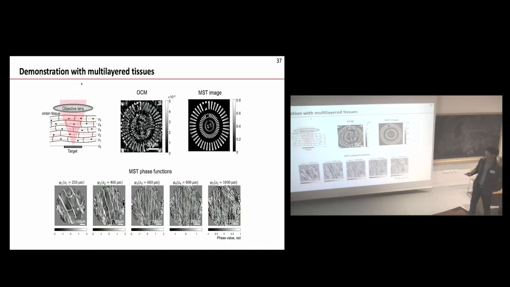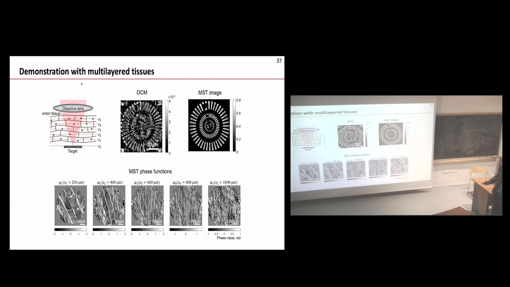Now this is another interesting experiment. We put an onion. Onion is a good layered structure, but the thickness of the onion is 1 millimeter, okay? Now we measure the reflection matrix, and then we apply our algorithm. This is a typical OCM image of the target, and these are the phase plates that we identified out of the reflection matrix.